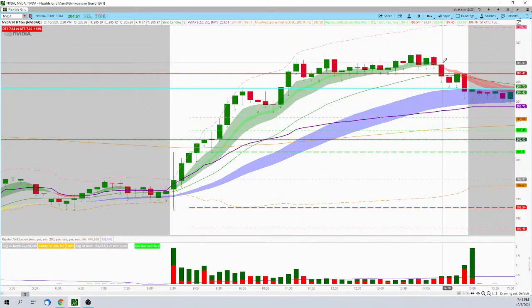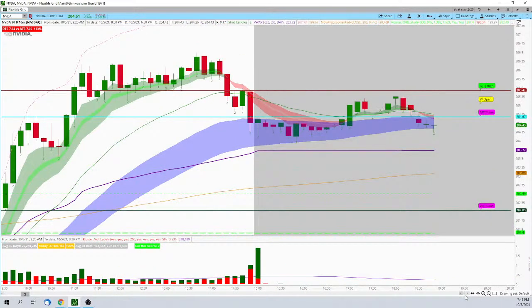People are positioning for the next day, and that's what they did here late in the day on Nvidia. But it held the 34-50, so if I was extremely profitable in Nvidia on that particular day, and the market was not being crazy volatile, I could hold a contract or two into the next morning to see if I can catch a run up in the pre-market. Once again, for smaller accounts, I don't recommend that at all. It's extremely risky to try to swing anything right now.